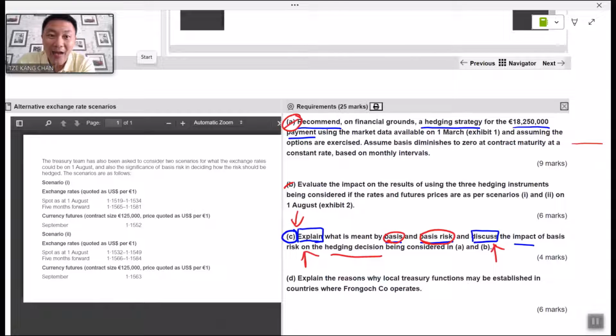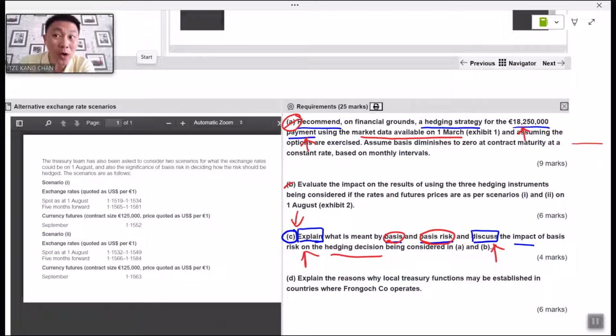The hedging action is mainly used to come up with a hedging strategy for a transaction that is worth 18.25 million euro as a payment. And we are asked to refer to the market data on 1st March to demonstrate the evaluations of all types of hedging techniques.